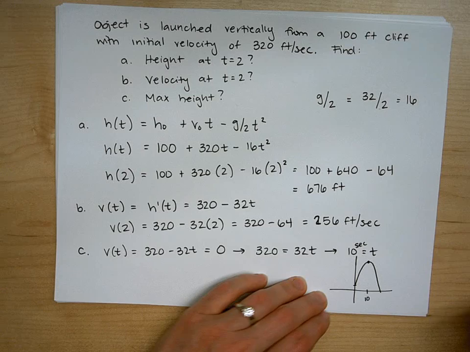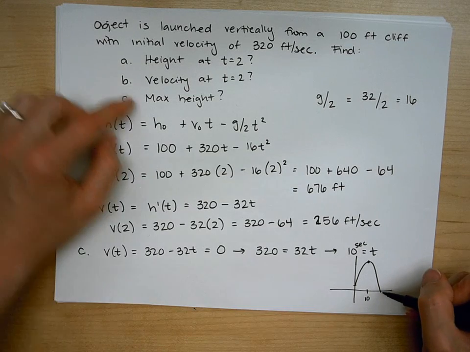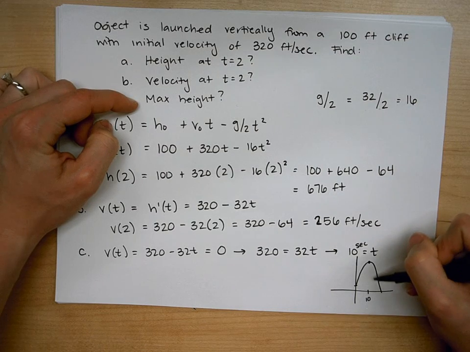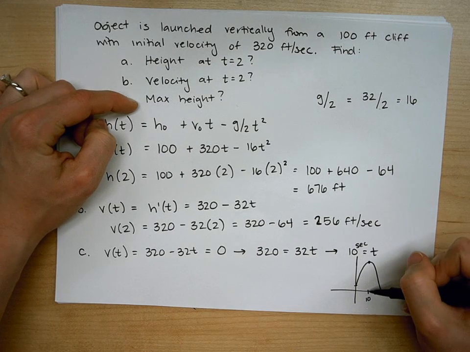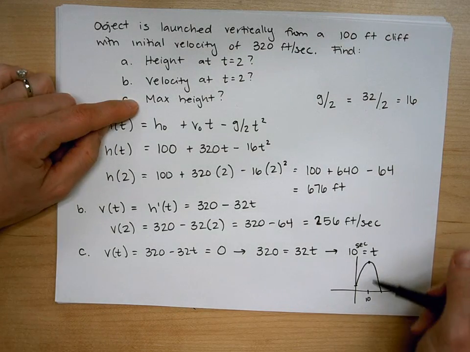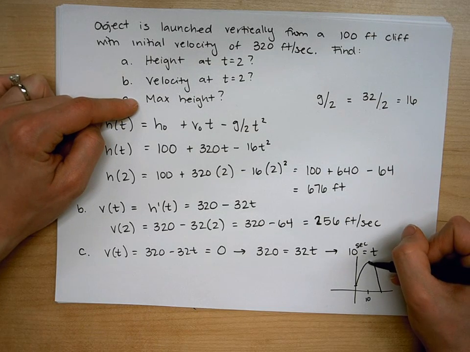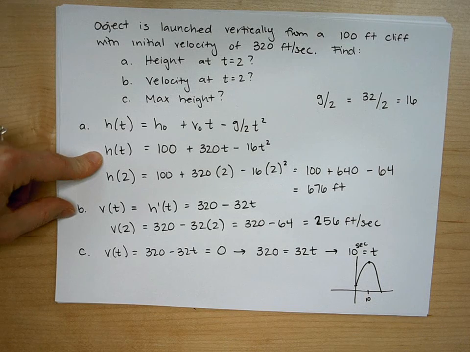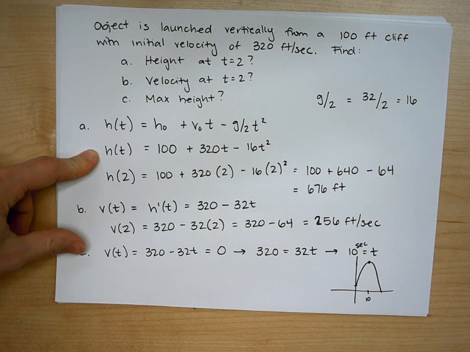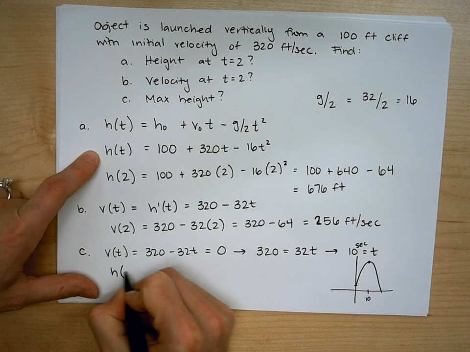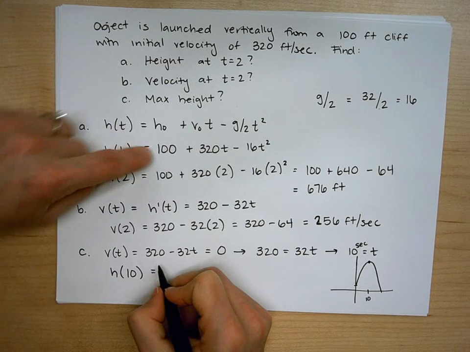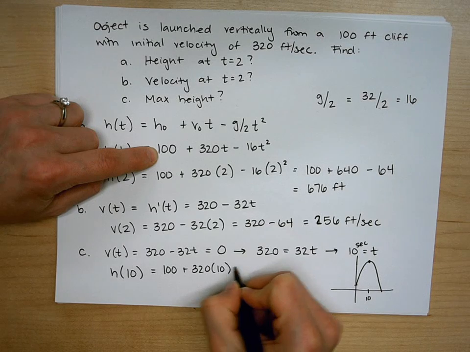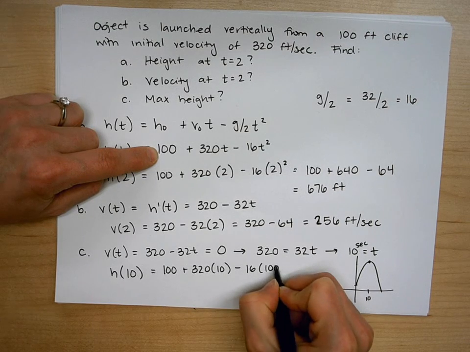Okay, but that's not actually what the question was. The question was, what is the maximum height? I did find out when it occurred. That is definitely one component to it. Now, I'd like to find out how high the ball was at this particular moment in time. Well, that would be given by the height function, right? This function tells us how high the object is at any moment in time. So if I plug in 10 in here, I'd have 100, plus 320 times 10, minus 16, 10 squared is 100.